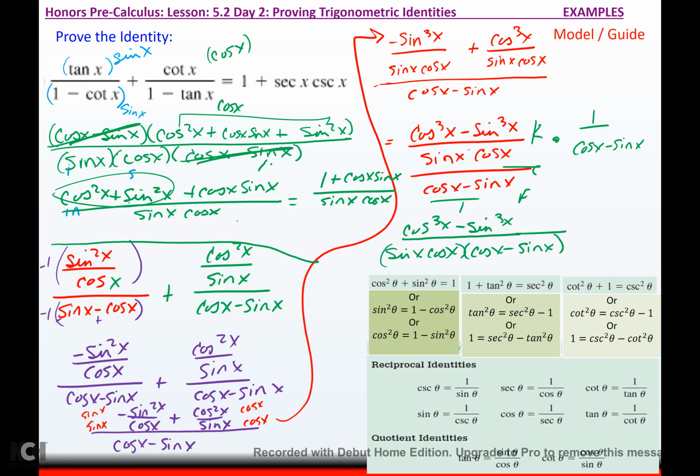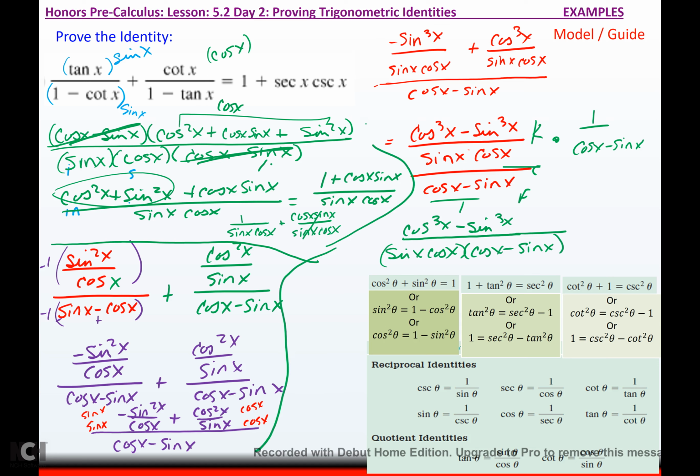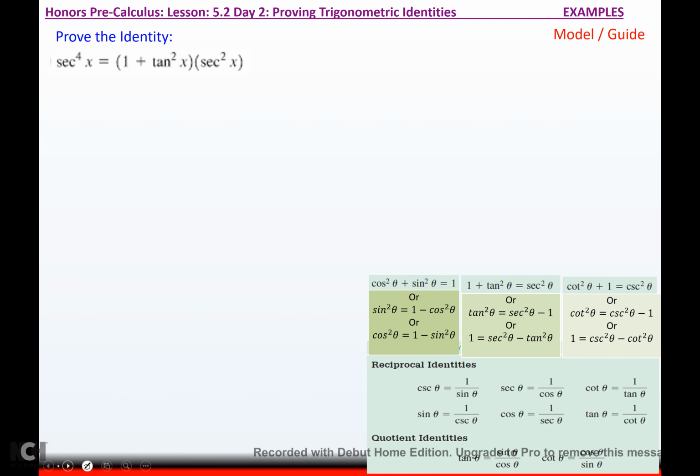This I can write as 1 over sine x cosine x plus cosine x sine x over sine x cosine x. This cancels, so I'm left with 1 over sine x cosine x plus 1.